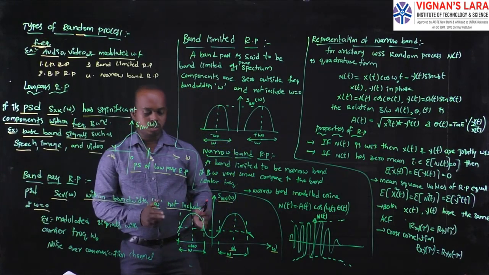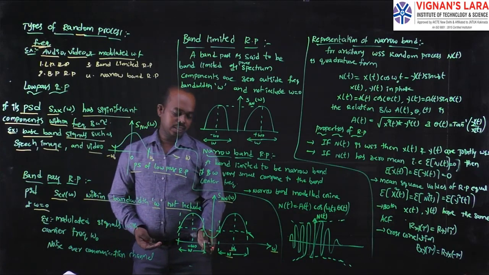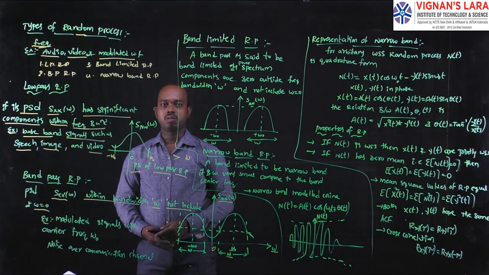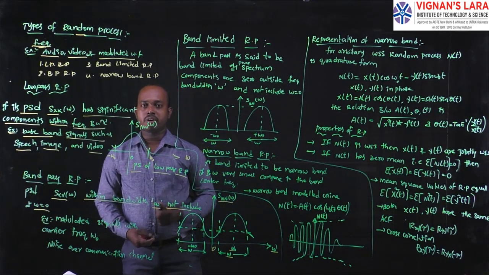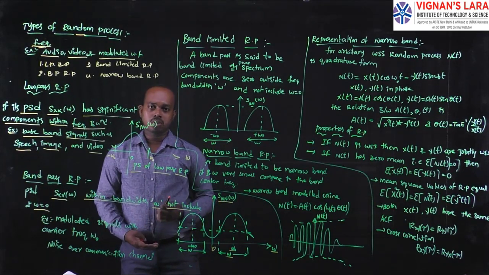Each spectrum has its own bandwidth. When I consider omega equal to 0, the components are very small, so we neglect those values at omega equal to 0. This is the definition of the band pass random process.